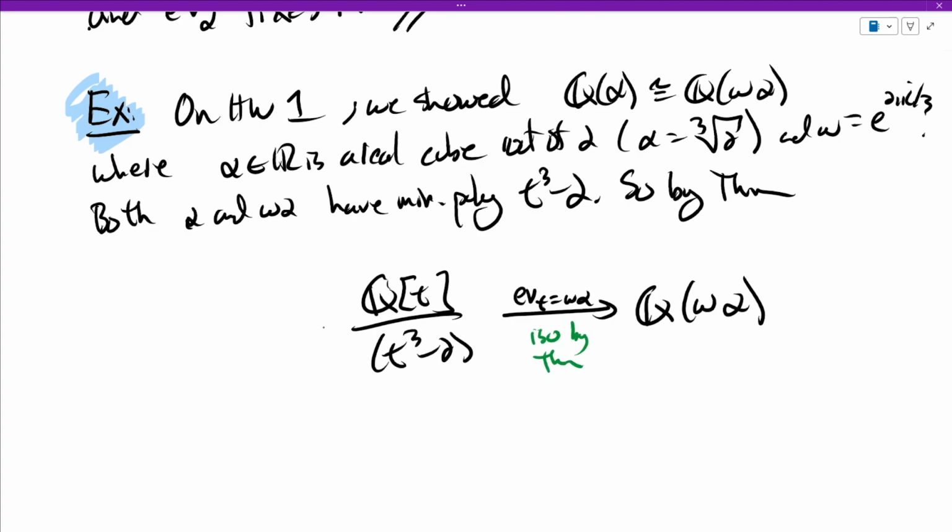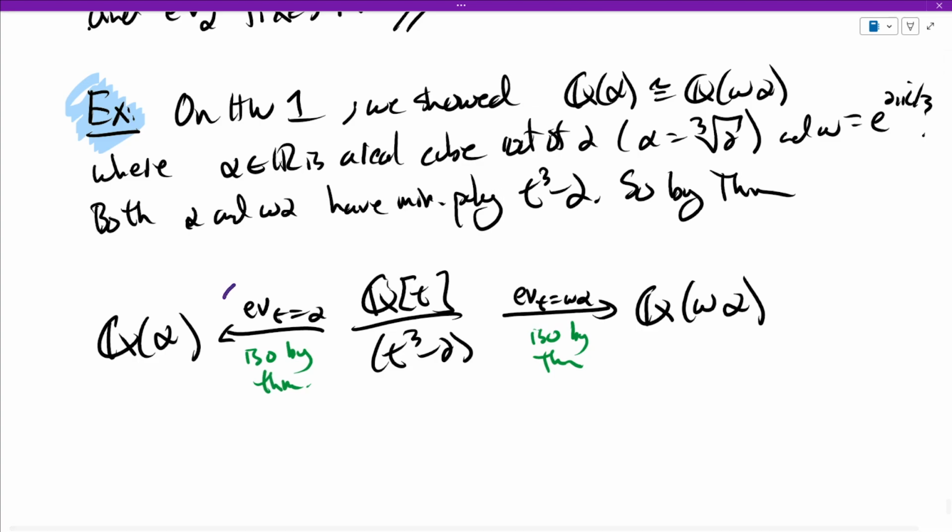We also have another map out of Q adjoin t mod t cubed minus 2 to Q adjoin alpha, and this is the evaluate t at alpha map. And by the theorem, this is also an isomorphism. The inverse of an isomorphism is again an isomorphism, as we saw in a previous video. So we can describe an isomorphism by following the purple arrows.